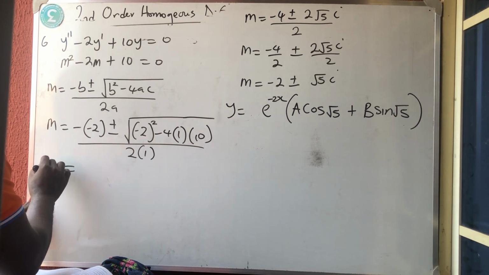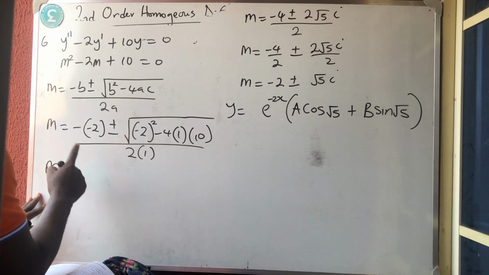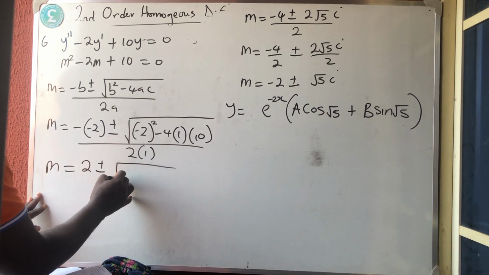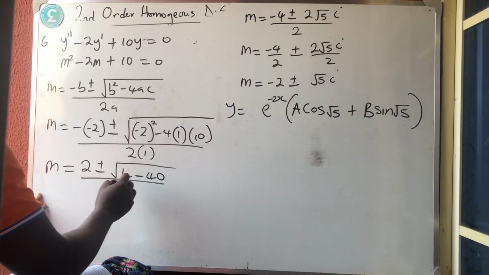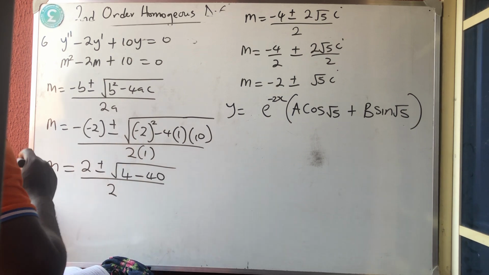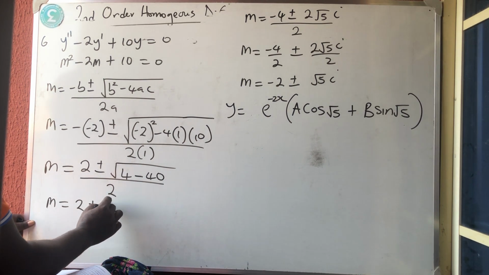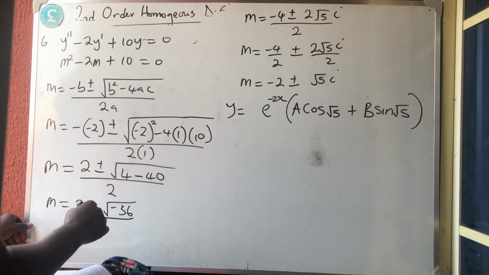So I'm having that my m is equal to, minus minus is plus, 2 plus or minus the square root of 4 minus 40 all over 2. So my m is equal to 2 plus or minus the square root of minus 36 all over 2.